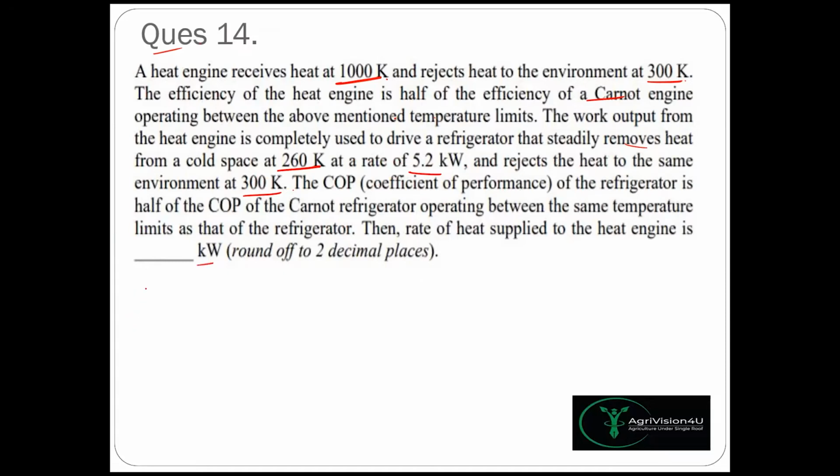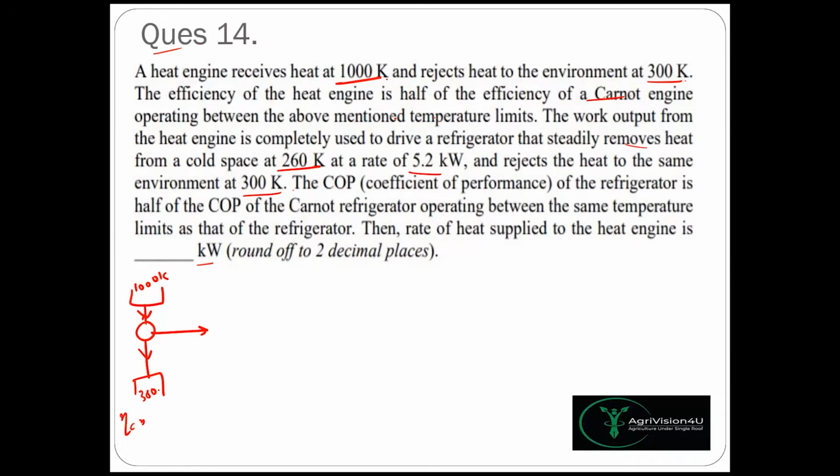So let's just draw the schematic diagram first for the heat engine. हीट इंजन है. सो हीट इंजन हमारा वर्क प्रोड्यूस कर रहा है. This is at 1000 Kelvin and this is at 300 Kelvin. Fine. So the efficiency, सबसे पहले इसकी efficiency हम लोग Carnot cycle के बीच की निकाल लेंगे.